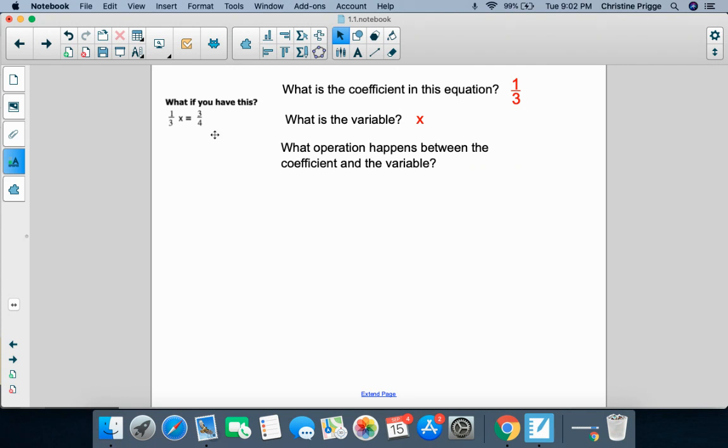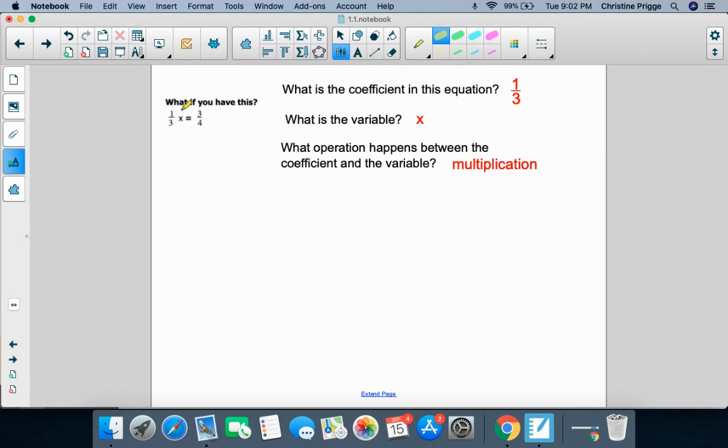What operation is happening between the 1/3 and the x, between the coefficient and the variable? There isn't an operation written here, but we know that what the coefficient does to the variable is multiply it. So multiplication is happening right here. I'm going to even highlight that for you.